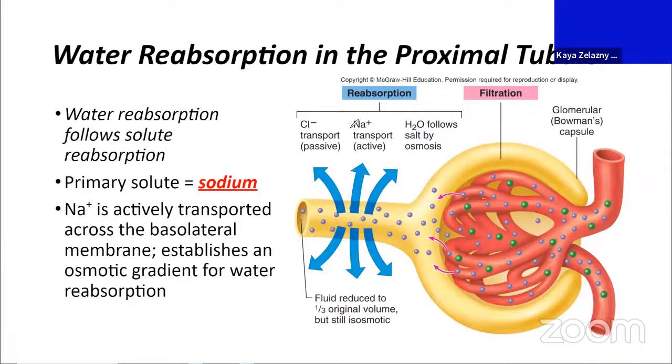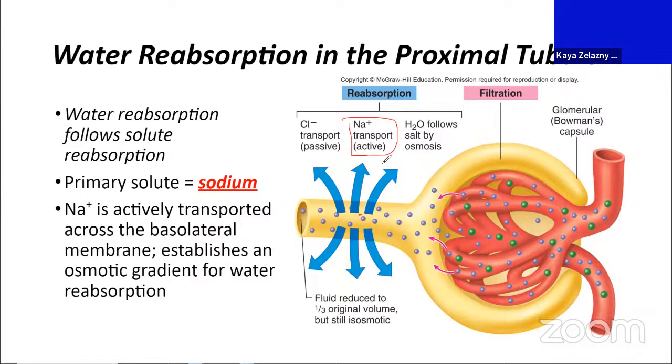All right, so sodium, you got a bunch of sodium in the filtrate. It's coming through because you had a bunch of sodium in your blood getting filtered out of that glomerular capillary. Okay. That sodium is going to get actively transported back into the body. So we saw that active transport in the form of the sodium-potassium pump on the basolateral membrane as we were looking at the situation for glucose. Okay. So sodium is getting actively transported. We're using energy, and we're establishing a gradient for water reabsorption.